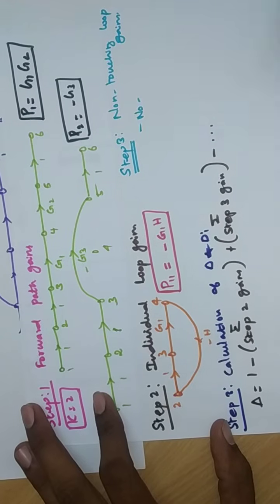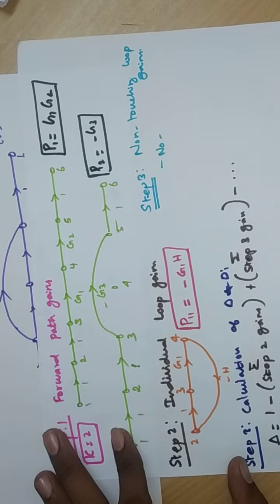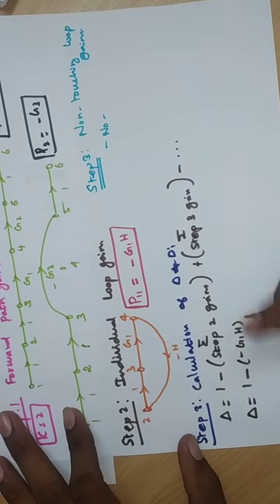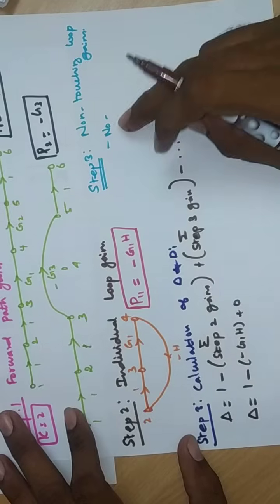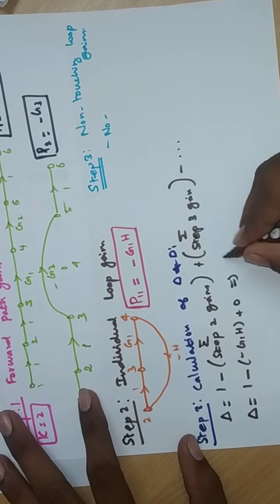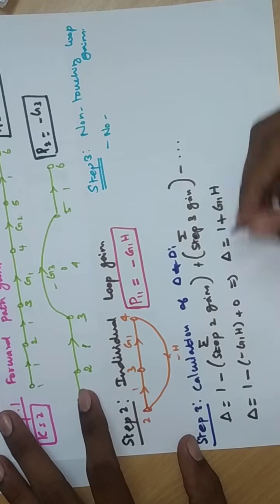Likewise we'll go on like this. So delta equals 1 minus, step 2 has one more gain, minus G1H. Plus 0, there are no more gain values available in step number 3. So this gives the delta value as 1 plus G1H.